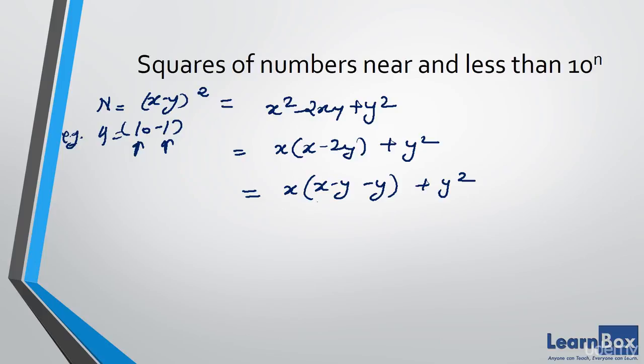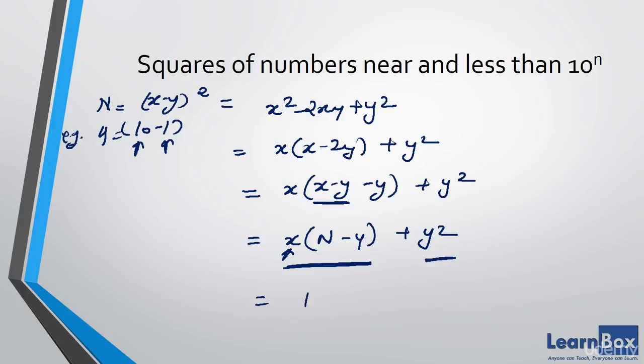So if you notice, this x minus y is our number, so this becomes x into (n minus y) plus y square. This x is the base, so this becomes our left hand side part, and this y square becomes our right hand side part. So that is n minus y in the left hand side and y square in the right hand side.